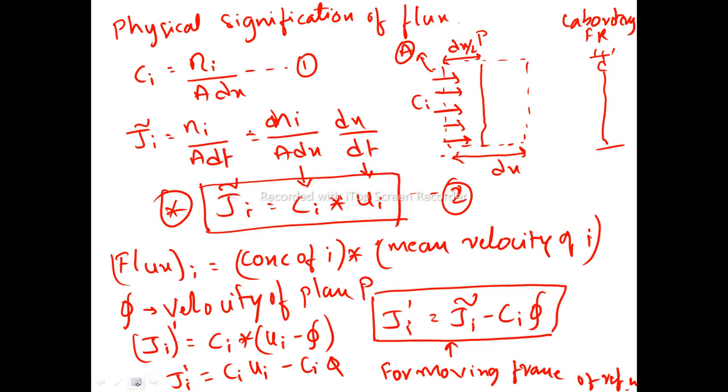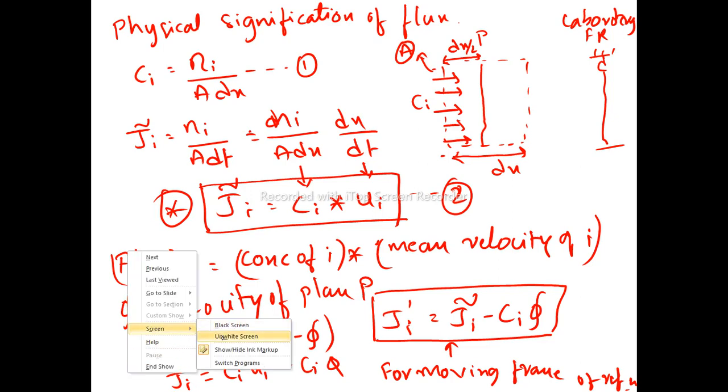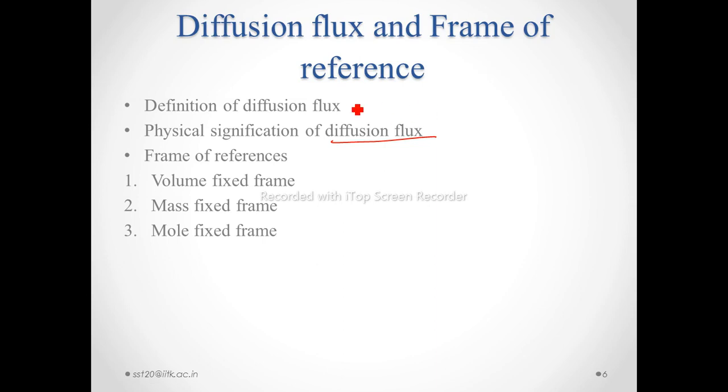Now we have completed the diffusion flux and its physical significance. In the next video, I will brief about the frame of reference. What is a frame of reference? There are three kinds of frame of reference, that is volume fixed, mass fixed, and mole fixed frame of reference. Thank you.